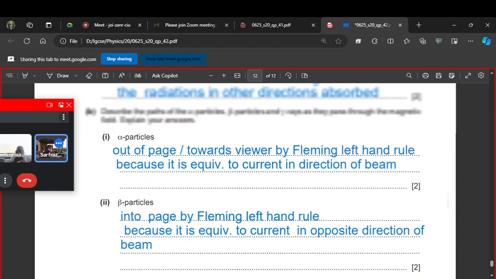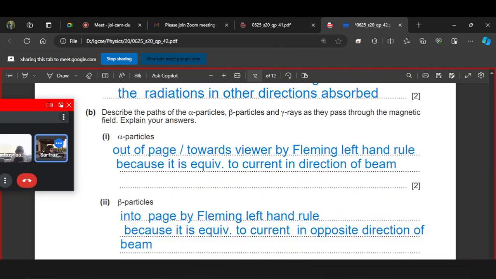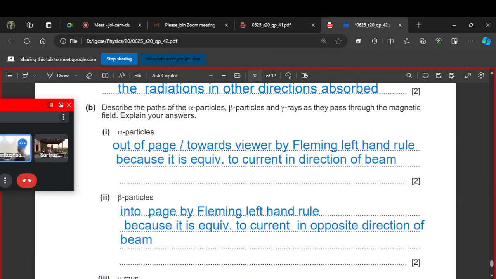Next, what about gamma? In which direction will the gamma particle go? If it's like this, it will go downwards. Why? What charge does gamma have?